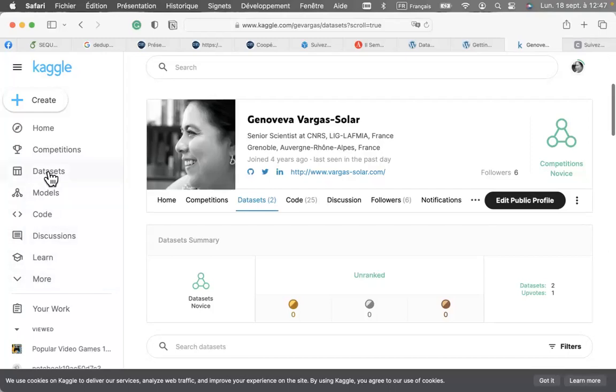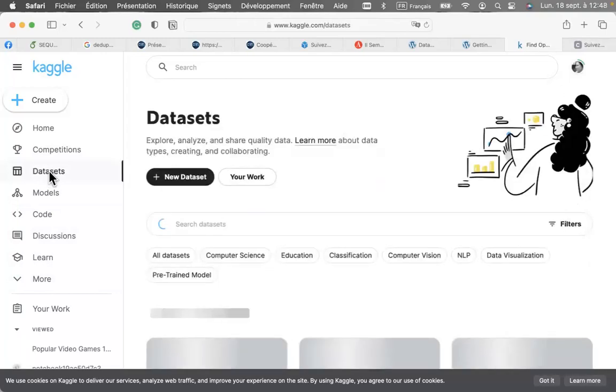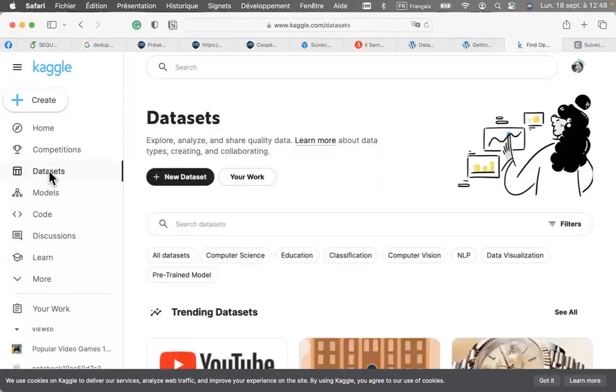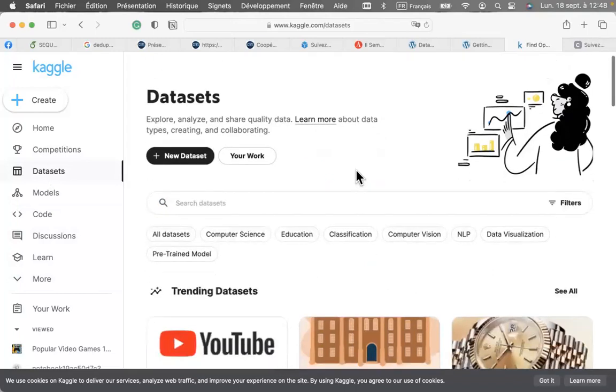So I'm going to concentrate on the data lab aspect. If you click on data sets, you will land here. You have in the general interface two buttons, so creating your own database, or having a look at previous databases that you have created.